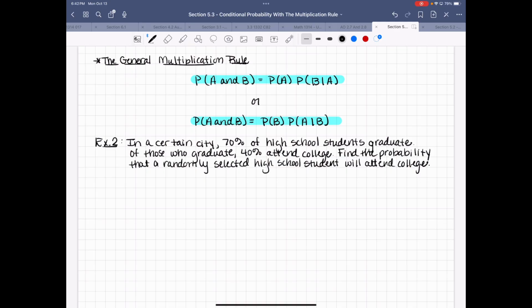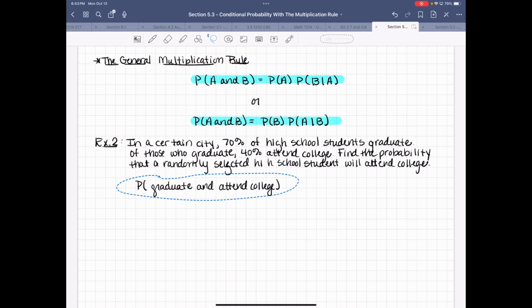So, here's what we're looking for. We're looking for the probability that a student will graduate and attend college. Now, we're going to set that up using one of those formulas up there at the top.